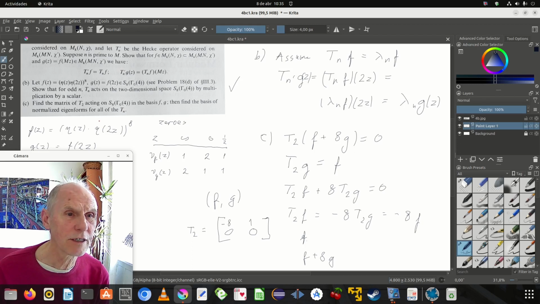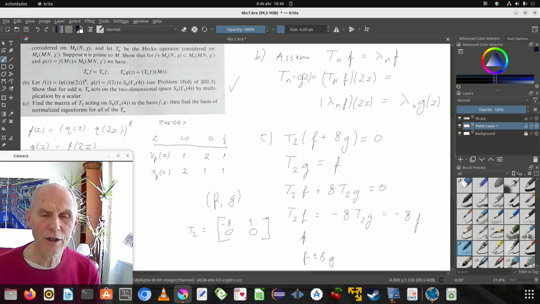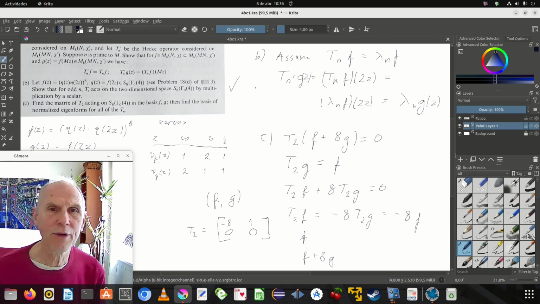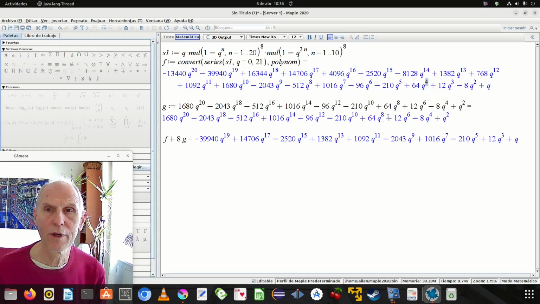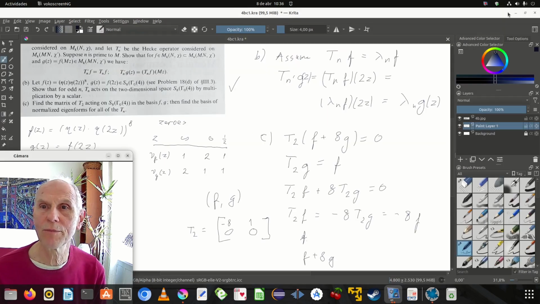Say the basis of normalized. Oh, they are not particularly normalized, are they? F, that's normalized, and F plus 8G, that's normalized as well. Lovely.